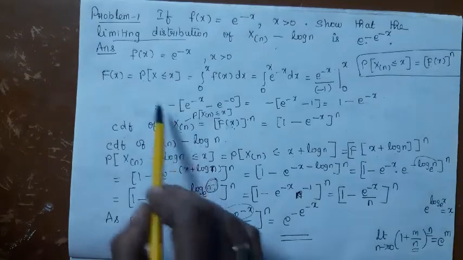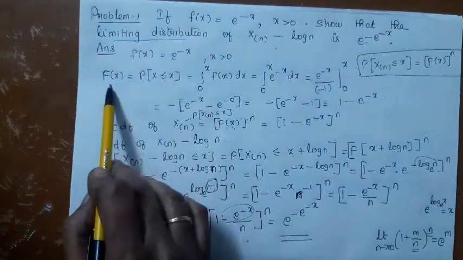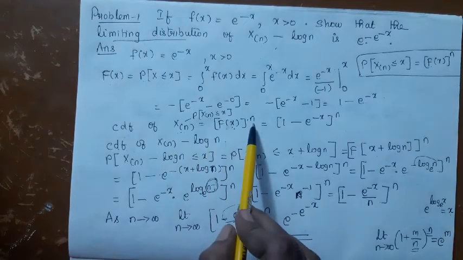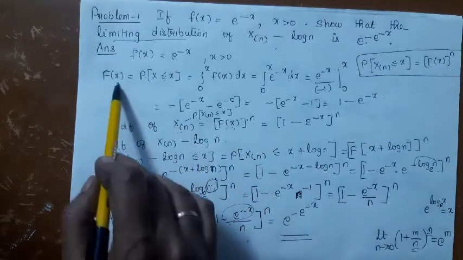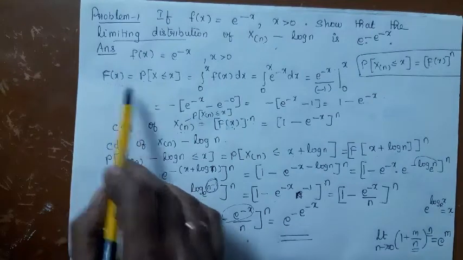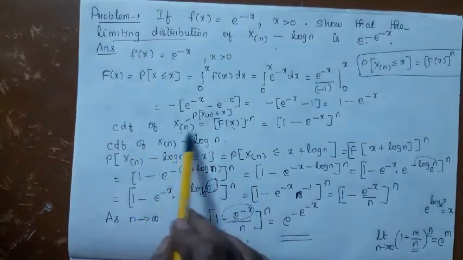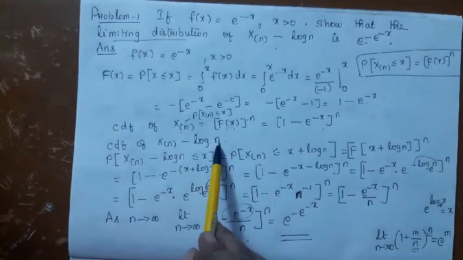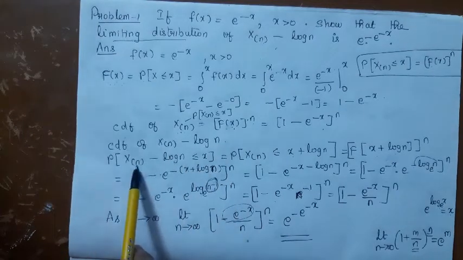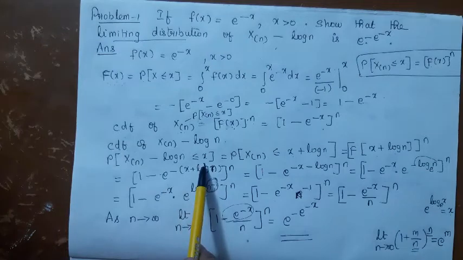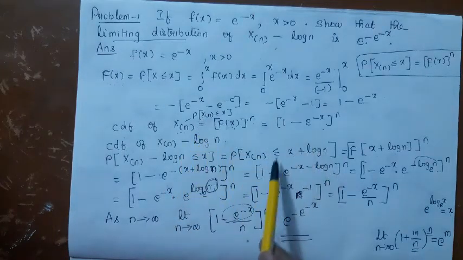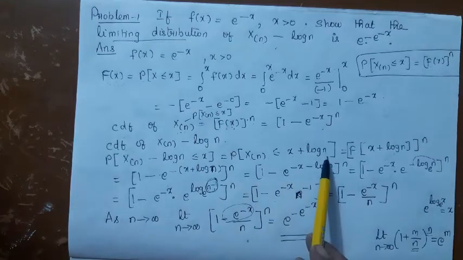Understood? See, first you are finding capital F of x because the CDF of Xn is actually F of x the whole power n, right? So you have derived the CDF of X, making use of which you can find the CDF of Xn. Now you are in need of the CDF of Xn minus log n, that is probability of Xn minus log n less than or equal to x. Bring it in terms of Xn because you have an answer for Xn.